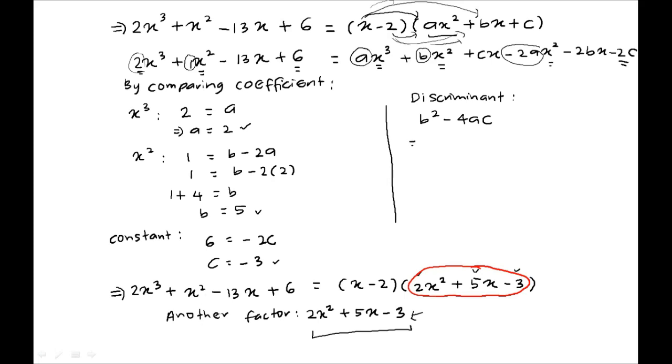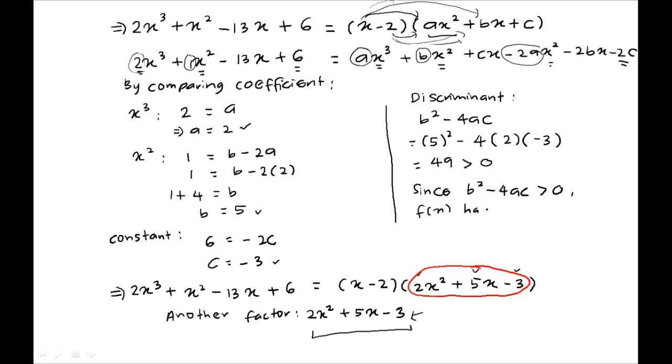Since we already have b is 5, so 5 squared minus 4, a is 2, c is negative 3. Using our calculator, we will get 49. So 49 is greater than 0. So the conclusion is, since b squared minus 4ac is greater than 0, we can conclude that f(x) has another two real roots.